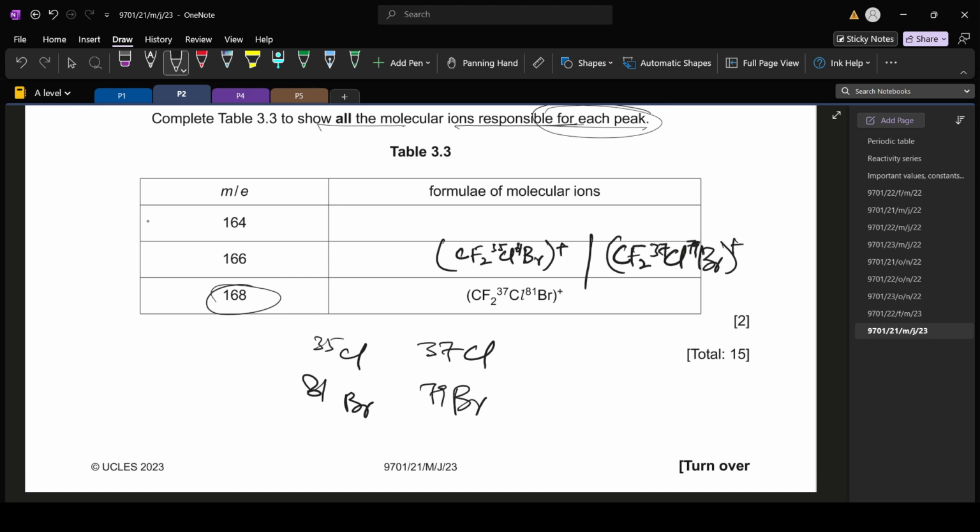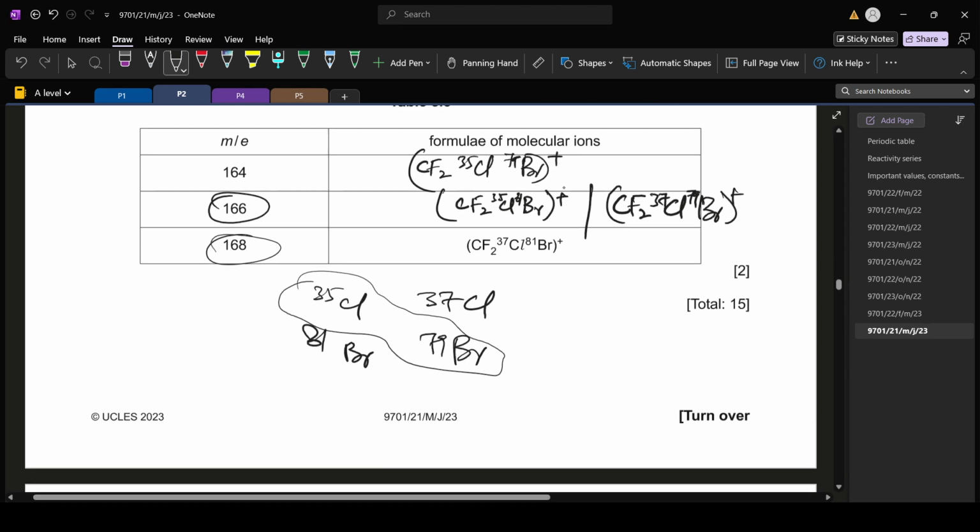These are both possibilities for the peak at 166. For the 164 peak, it will be CF2, chlorine-35 and bromine-79. So that's how you have to draw the formulae of the molecular ions.